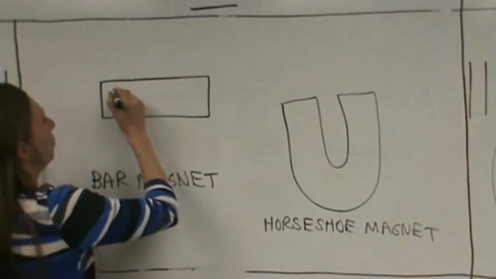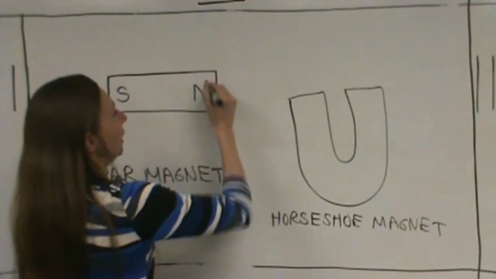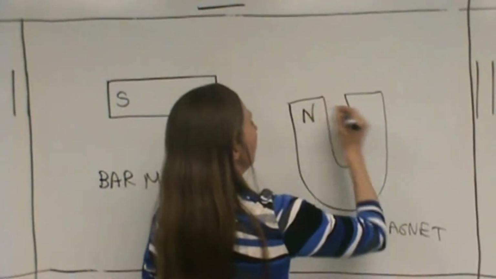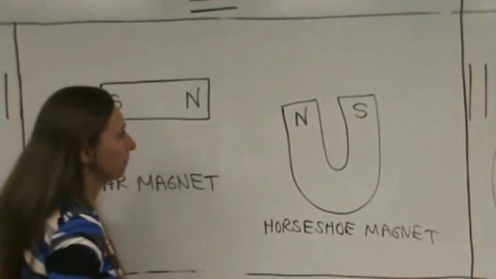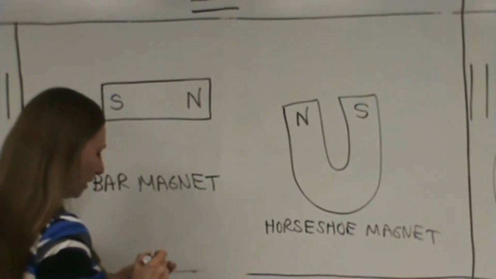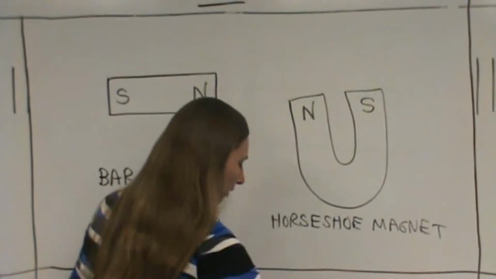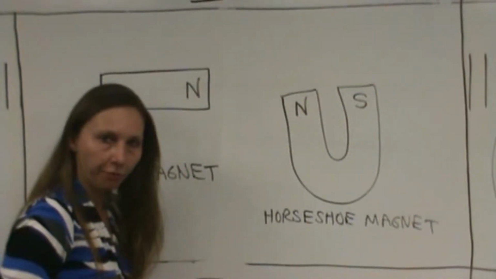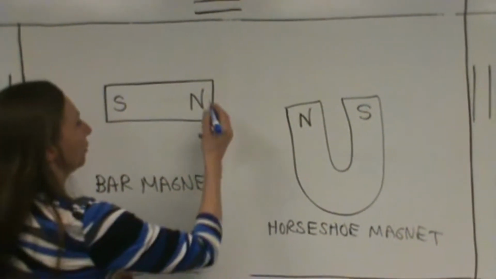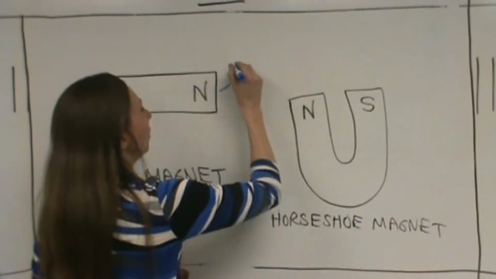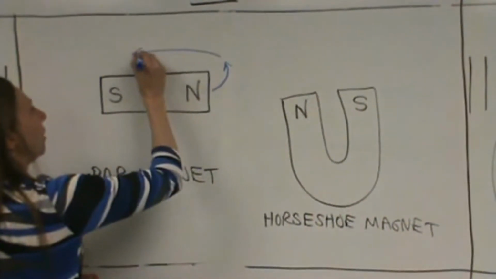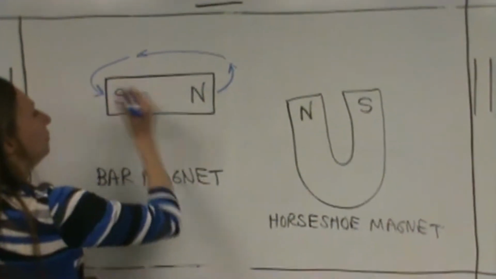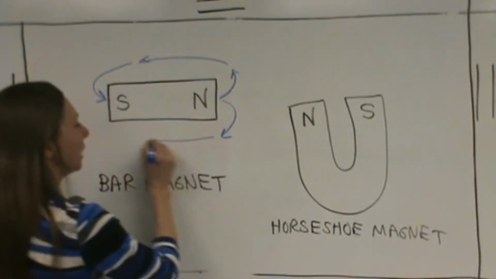Okay, we'll put south here, we'll put north there, it doesn't matter. We'll put north there, we'll put south there. Okay? So, the magnetic field lines go away from north towards south.